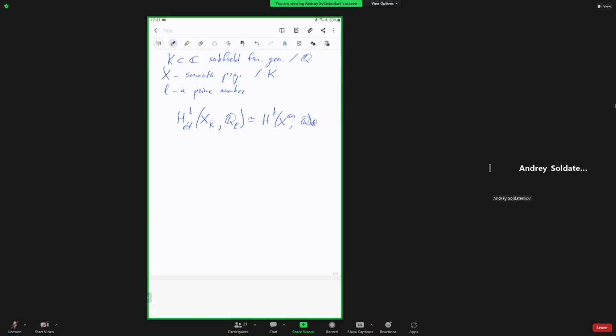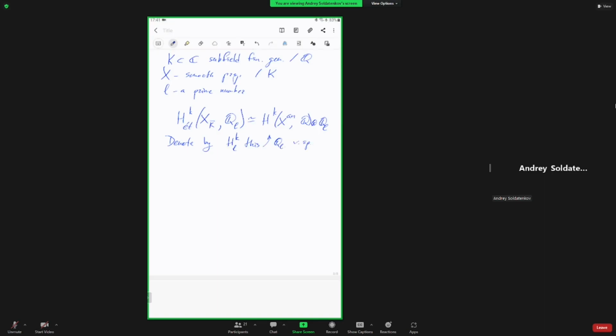This will be obtained from the usual singular cohomology just by taking the tensor product with Q_L. So let's denote this vector space. This is a Q_L vector space.